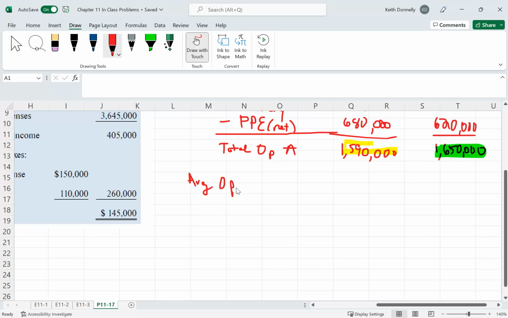So our average operating assets, they're going to equal the 1590 from up there, our beginning plus our ending of 1650.